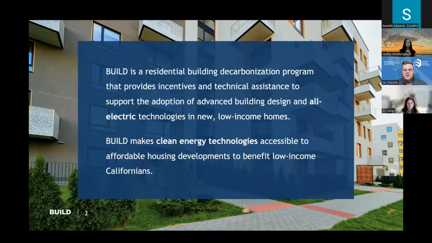Right now, California requires electric ready for all new construction, but there are some jurisdictions that require all electric already. So the way BUILD fits into this is that it's intended as a market transformation program where we are transitioning from the electric ready present to the all electric future. There are a lot of really exciting technologies out there that Ari's going to get into that we want to make sure are available for all Californians and are able to benefit low-income Californians especially.